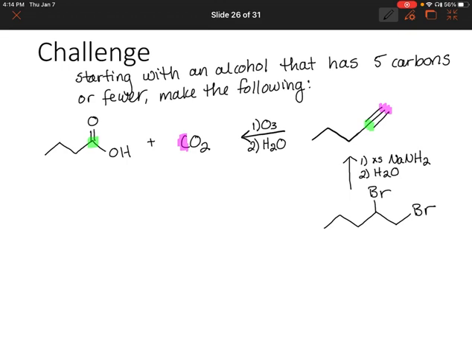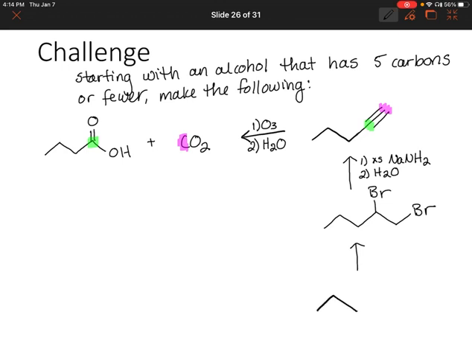Okay, so how do we make a vicinal dihalide? So kind of working back again, because this is not an alcohol, so we still need some work to do. So we just saw, actually, a couple slides ago, how to make a vicinal dihalide from an alkene, right?